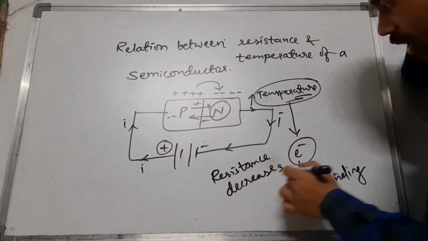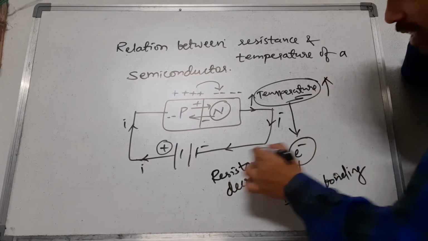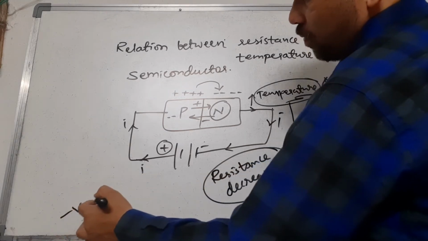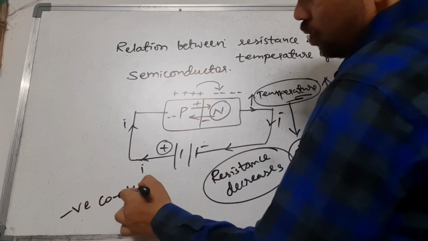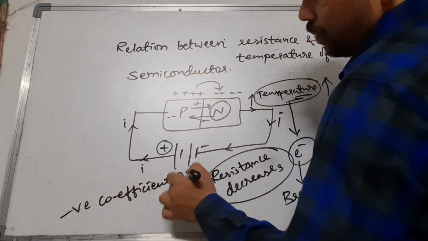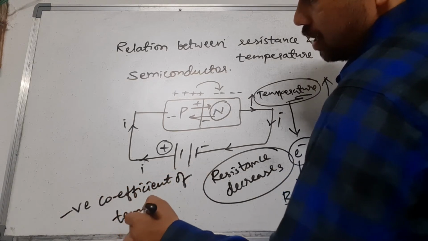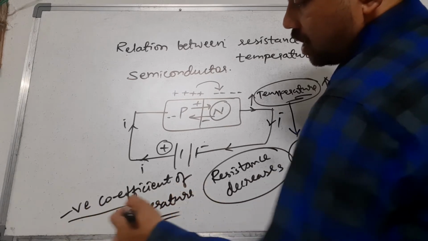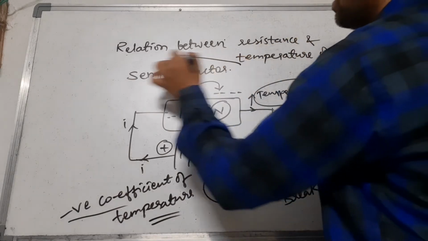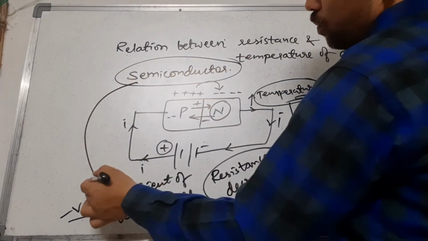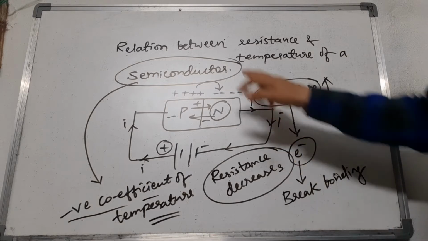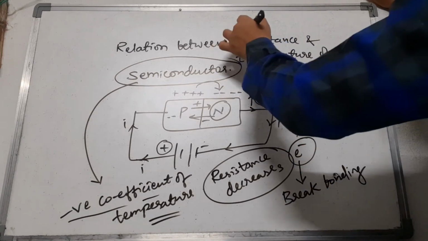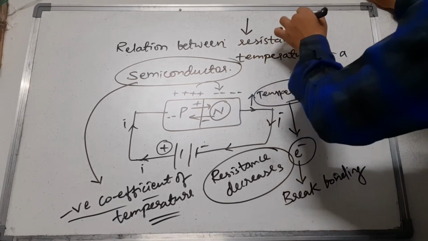So temperature increases means resistance decreases. This is called the negative coefficient of temperature. Who will have a negative coefficient of temperature? Semiconductors. For semiconductors, resistance decreases with increase in temperature.